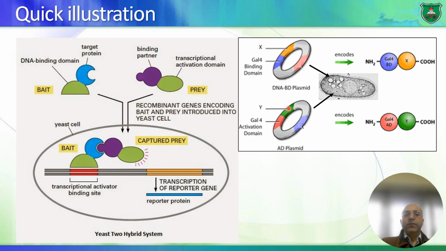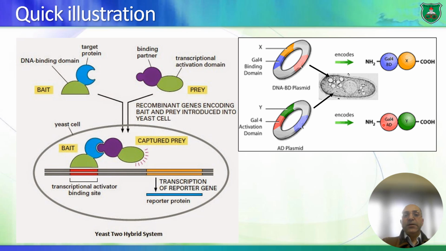And we have plasmid 2. This second plasmid contains the gene for protein Y, and it's produced as a recombinant protein along with the Gal4 activation domain. So we're going to have protein Y with the activation domain of Gal4.